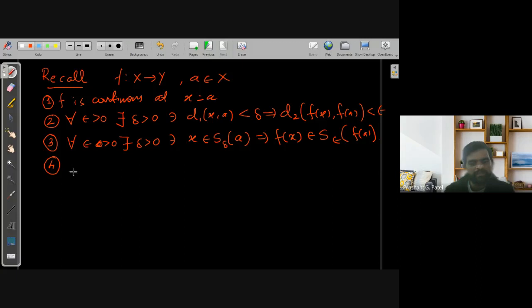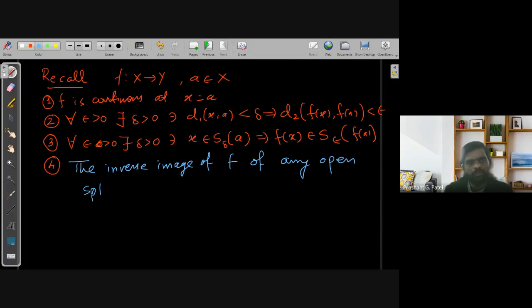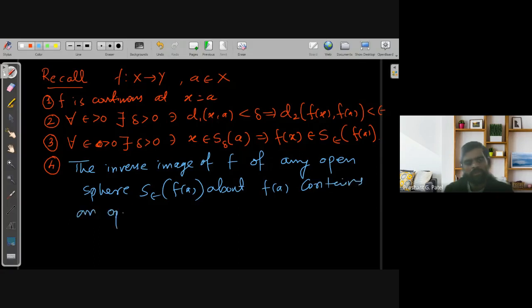It says that the inverse image of any open sphere S epsilon of f of a about f of a contains an open sphere S delta of a, that is, about a.